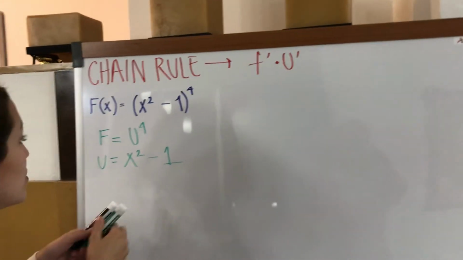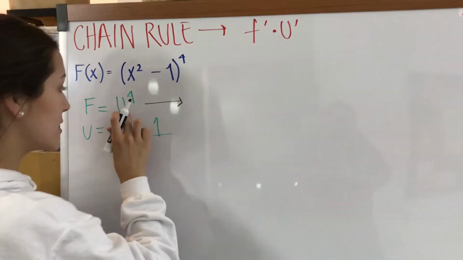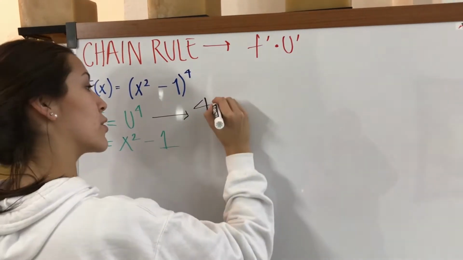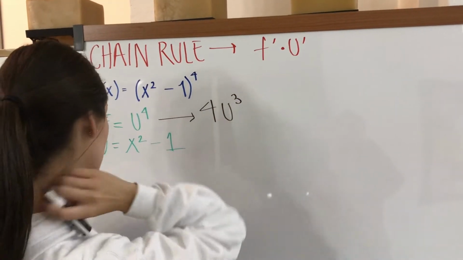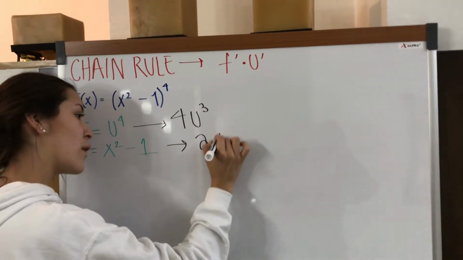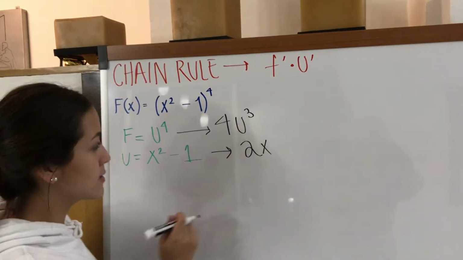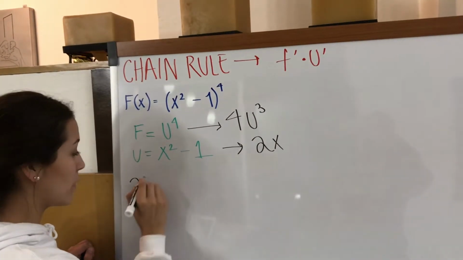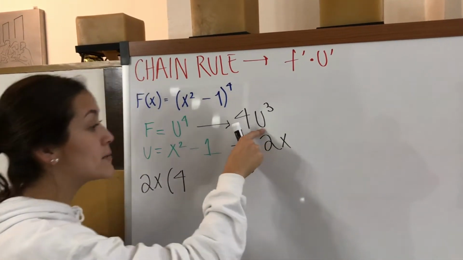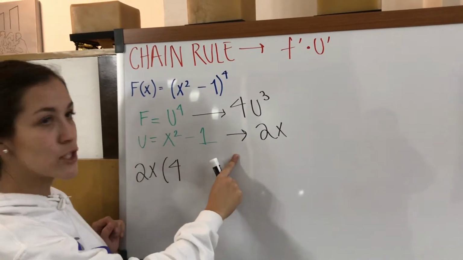So you have to put the derivative of f with respect to u, that is 4u cubed, and for u it is 2x. You're going to multiply the derivatives, so it will be 2x times 4, and in the u you have to put the original function you have in u.